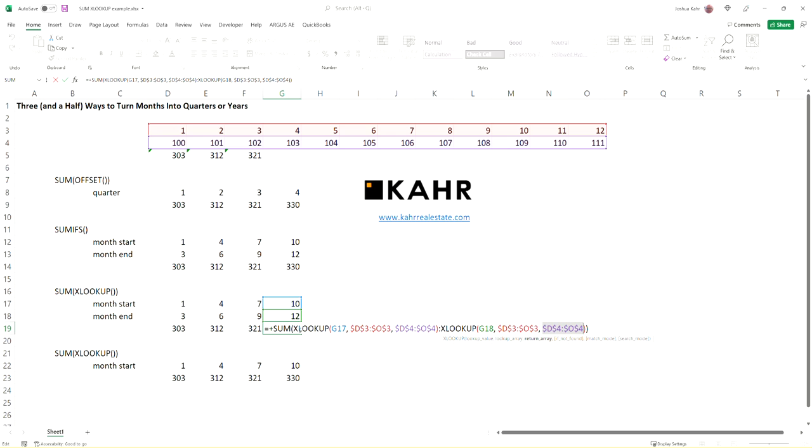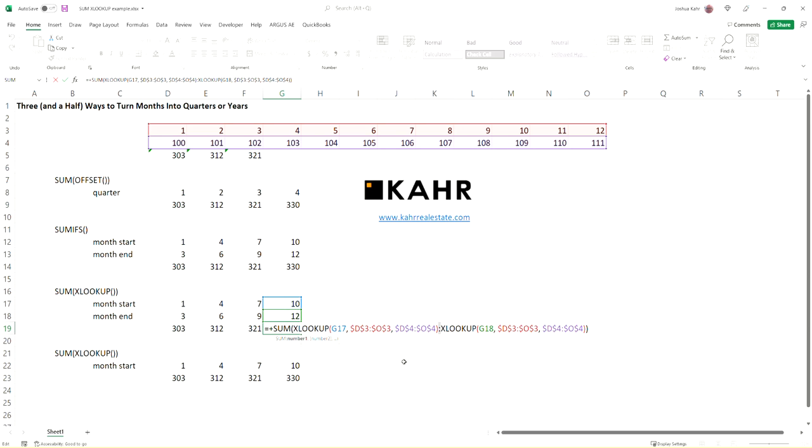And then when I do one XLOOKUP and a second XLOOKUP, and I throw a colon between it, I am summing from month 10 to month 12. I like the flow of this. You're not having to do greater than or equals to stuff. You're just saying start at month 1, start at month 3, start at month 10, and end it at, you know, wherever you need to end it.